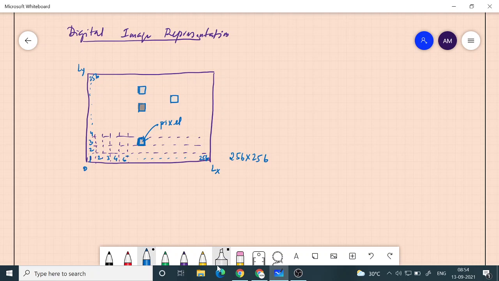Now each of these grayscales could be represented with a code. Let me show you one more, completely black. Here I have a black color.